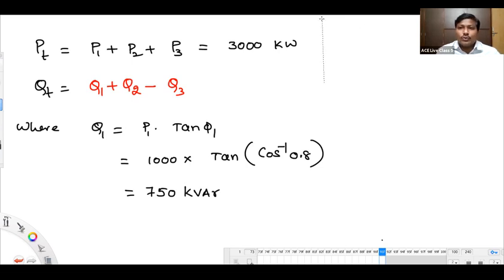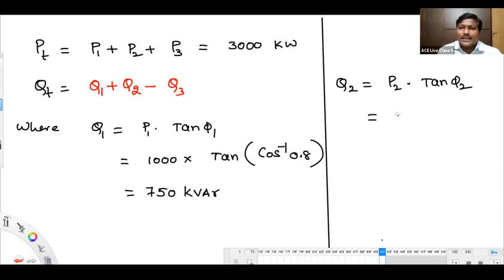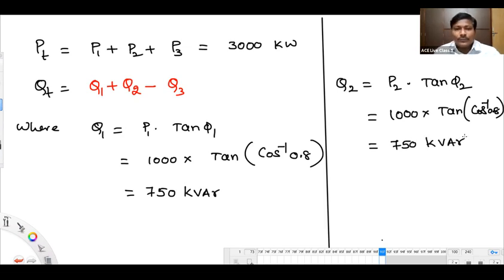Next, Q2, which is P2 tan phi 2. It will also come the same: 1000 into tan of cos inverse 0.8, so 750 kVAR.